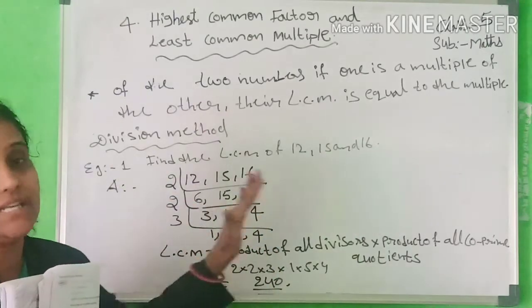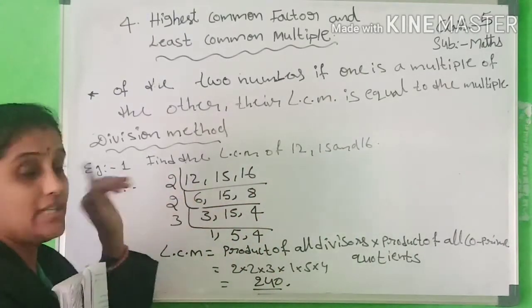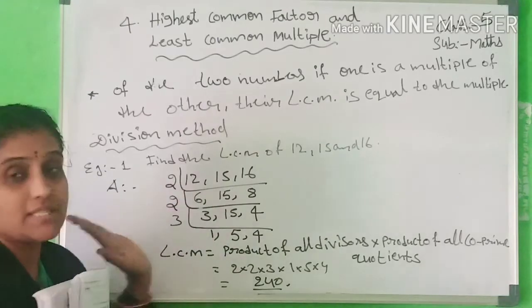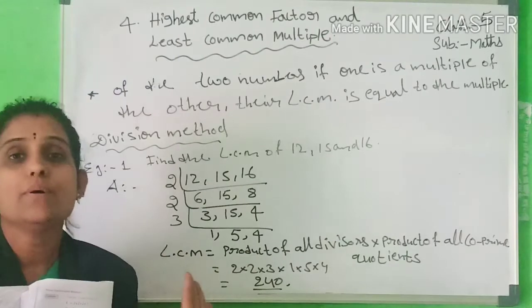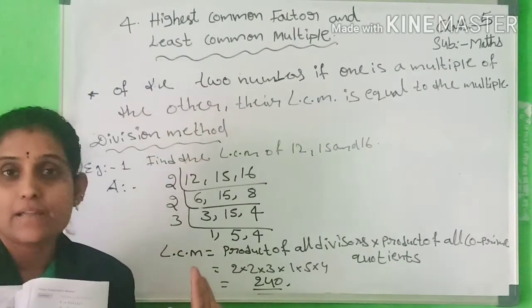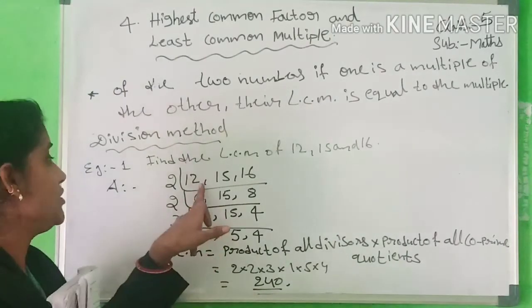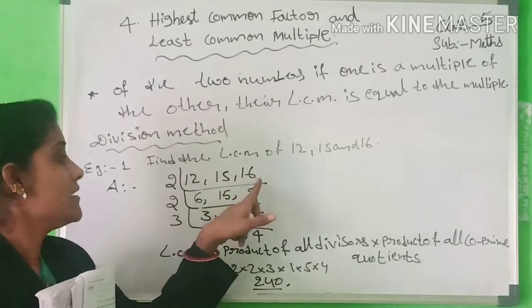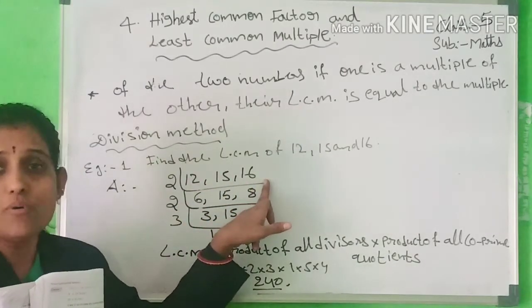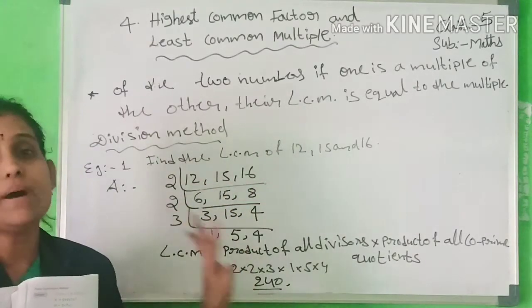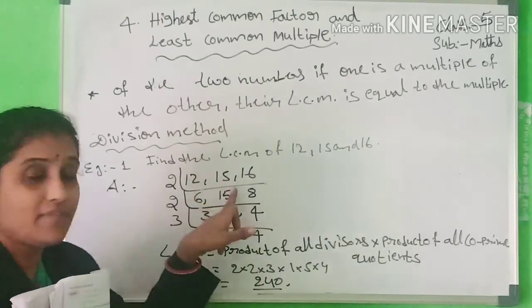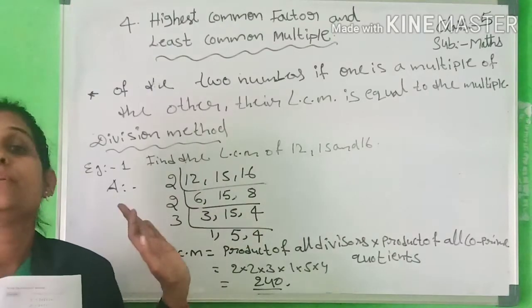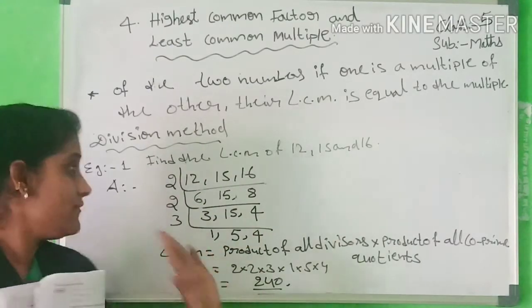Okay, I will teach one more time. First of all, check it. 12, 15, 16 do not have any one common factor. But 12 and 16 have 2 as a common factor, and 12 and 15 have 3 as a common factor.